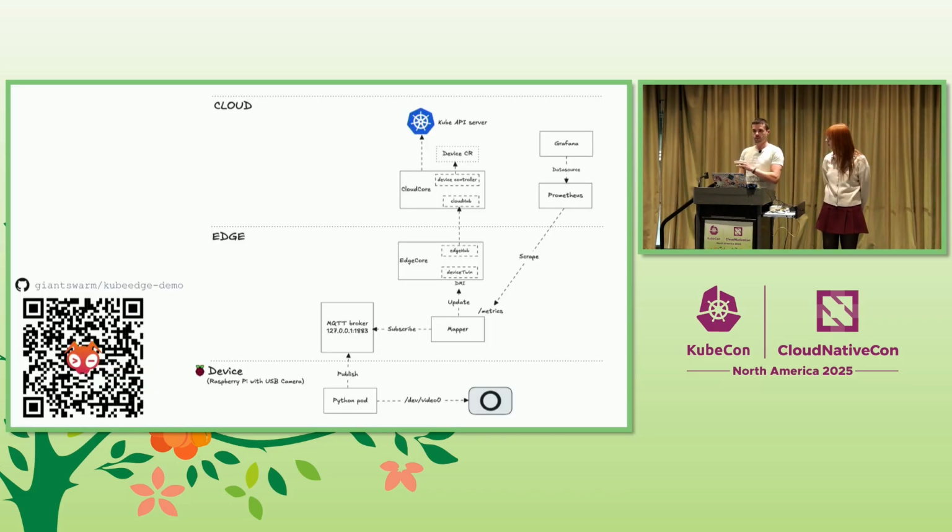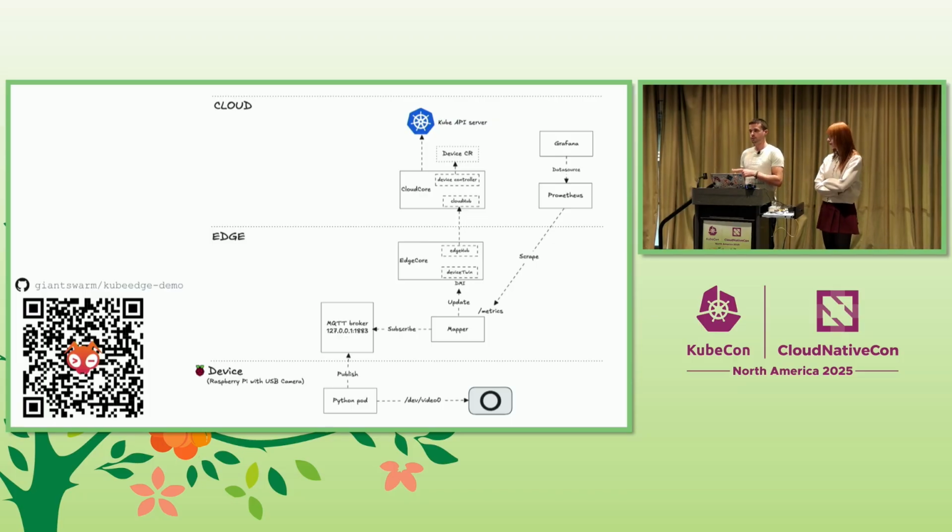So this is what is going on here. This is what we have built. By the way, that QR code is the repo. If you want to check it out, you will find the MQTT mapper, the custom resources, and the Python app running MediaPipe. At the top, we have the cloud layer, as you saw before. This is our kind cluster running on my laptop.